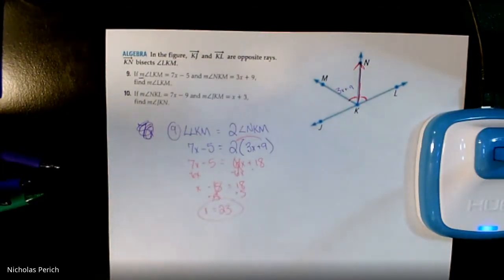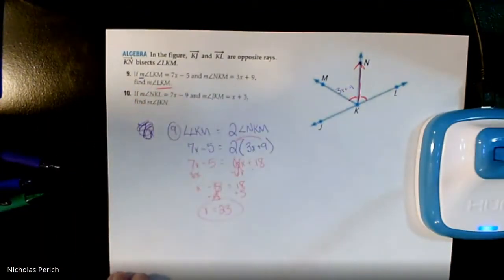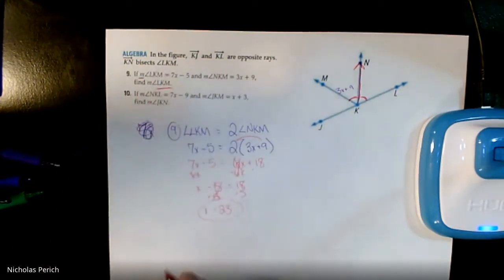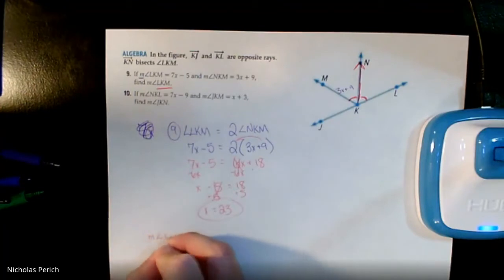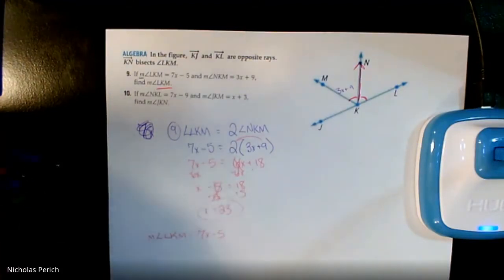Do I want x? Is x my answer? No. My answer is find the measure of LKM. Okay, well, I found x, and LKM is 7x minus 5. So the measure of LKM is 7x minus 5.